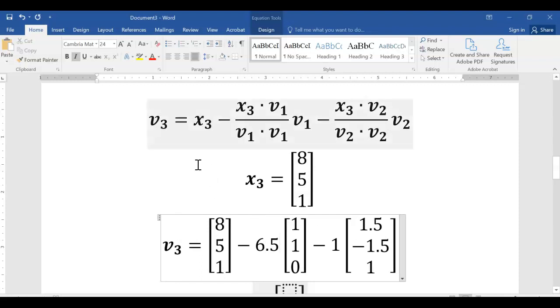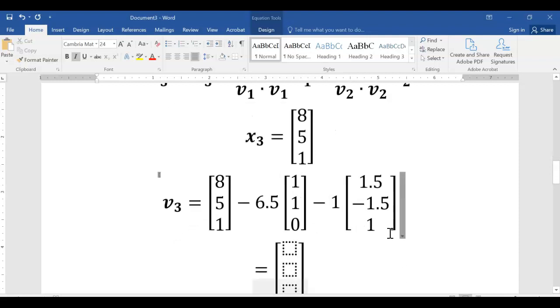So v3 is going to be x3, 8, 5, 1, minus the projection of x3 onto v1, minus the projection of x3 onto v2.